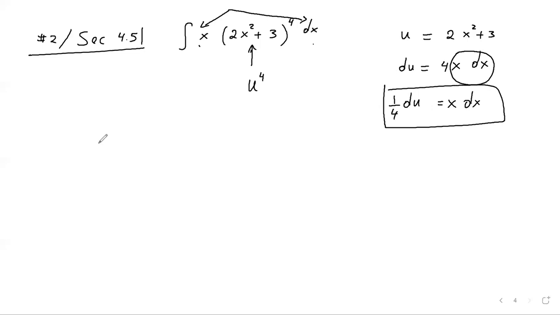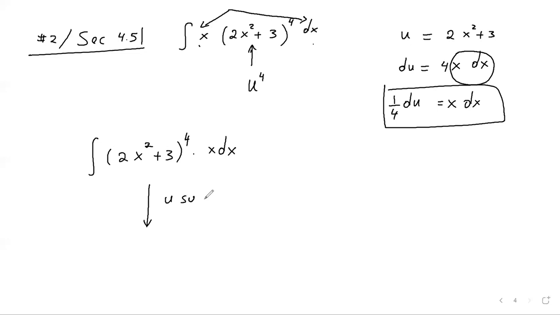And the integral there is, okay, so x dx is 1/4 du. So first of all, let's regroup things: (2x² + 3)⁴ times x dx. And now we're going to substitute.